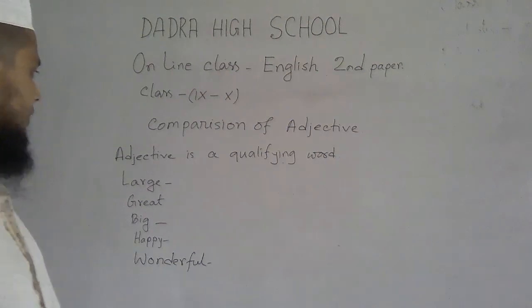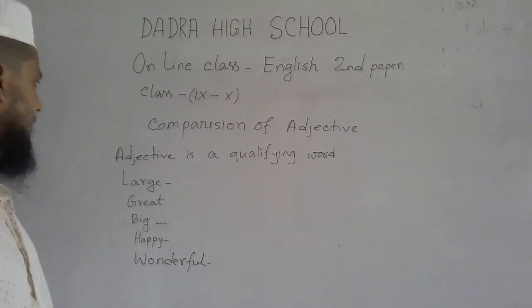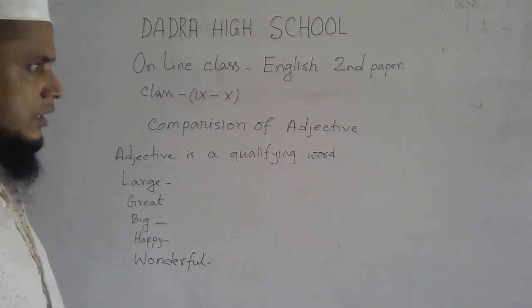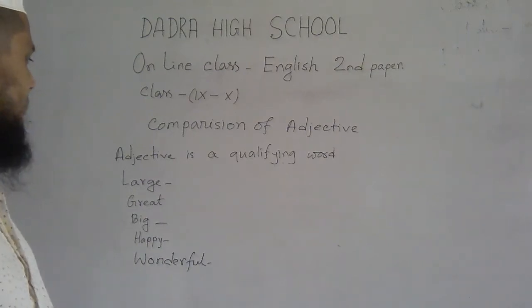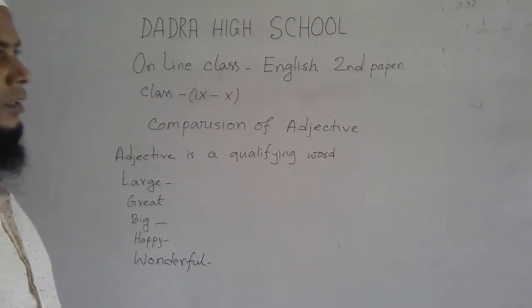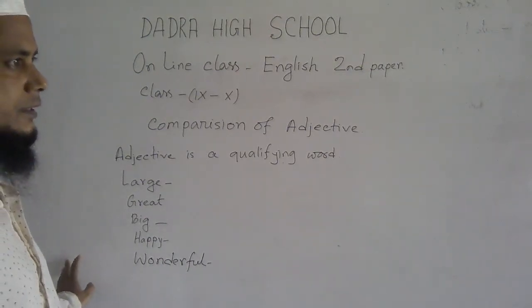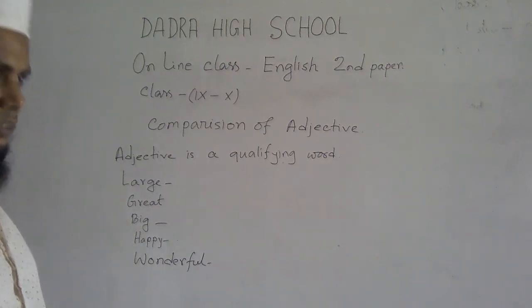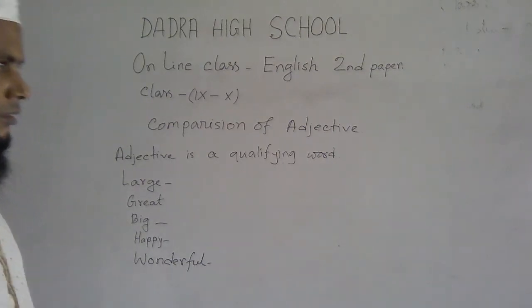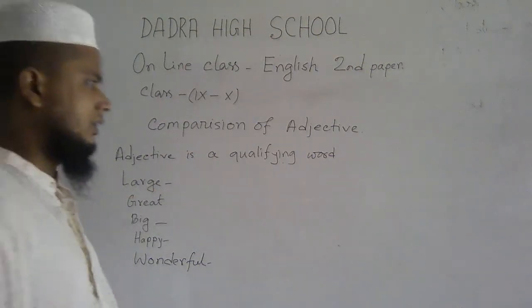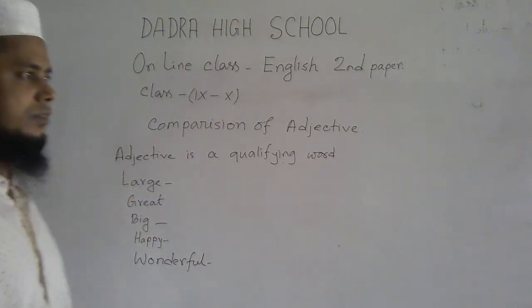So first of all, I would like to inform you how we change an adjective from its positive to comparative and superlative. You know, adjective is a qualifying word. It has three forms.